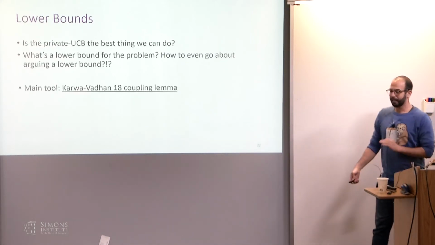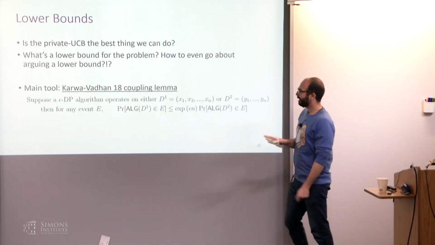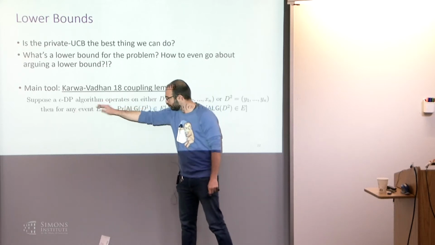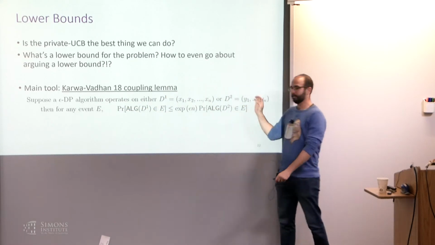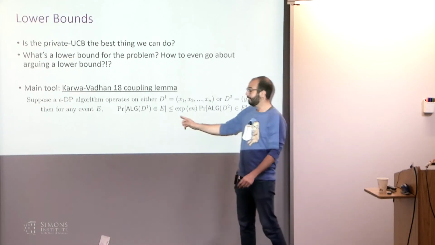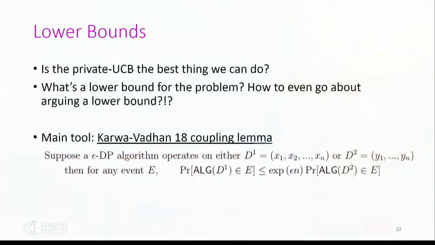The Karwa-Vadhan coupling lemma. We all know that if I have an algorithm which is epsilon differentially private, and there are two different data sets, D1, D2, then any event is as likely to happen on one and the other up to a probability factor of no more than e to the epsilon n. That is group privacy. That is a standard result from the nascent days of differential privacy.